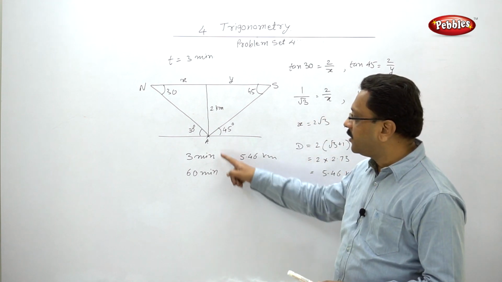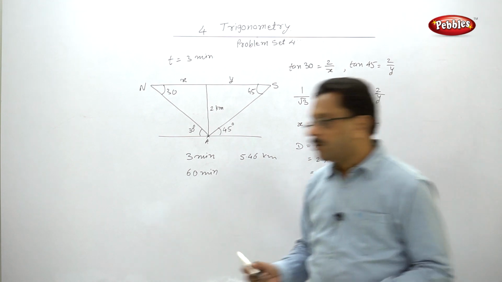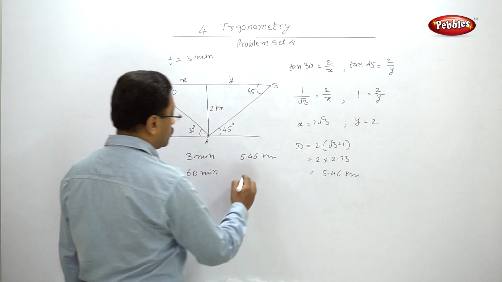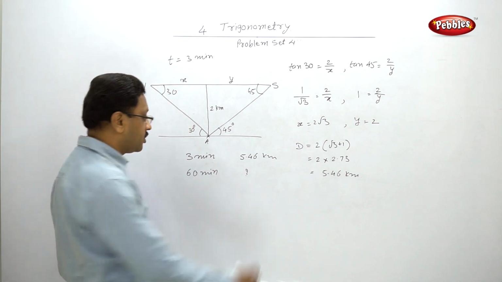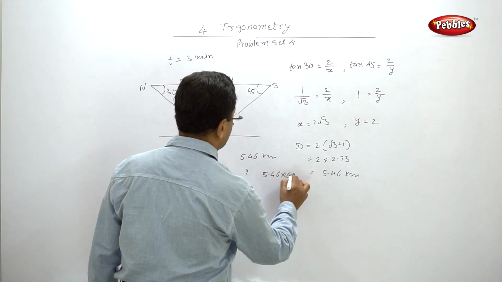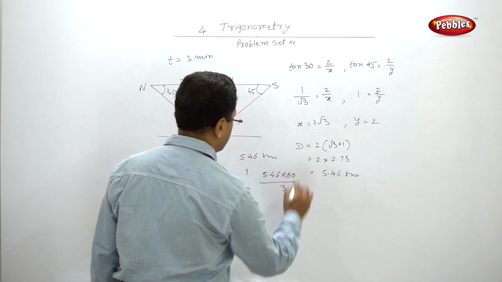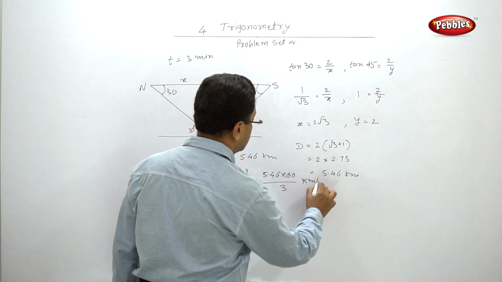Just remember, minutes below minutes, kilometers below kilometers. So in 3 minutes this, how much distance will it cover in 1 hour, that is 60 minutes? That is 5.46 into 60 divided by 3. That will be your speed in kilometers per hour.